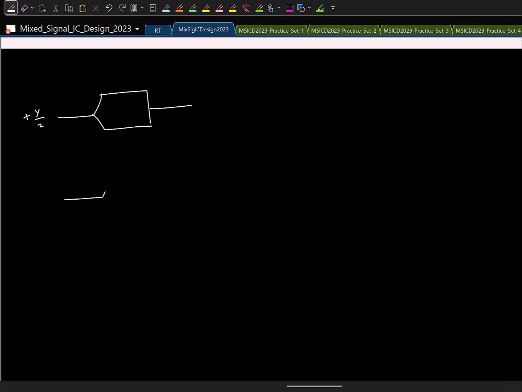Let us say I take an identical ADC here, and I give the negative input to this. Let us say this is giving data D1, this is giving D2. How will I get the final D out? D1 minus D2. So this I will do to get the final output.